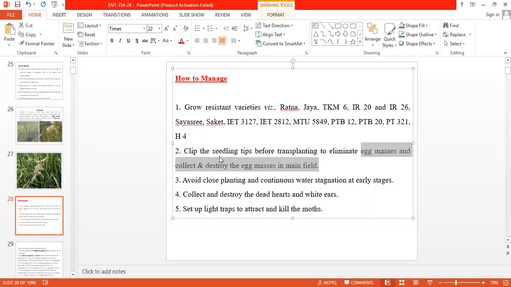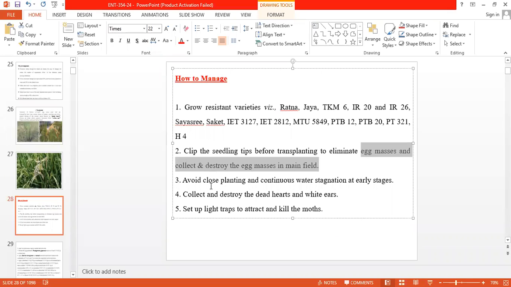That's why leaf tips are clipped before transplanting. Then avoid close planting and continuous water stagnation at the early stage. So these are the favorable conditions for the multiplication of that pest.